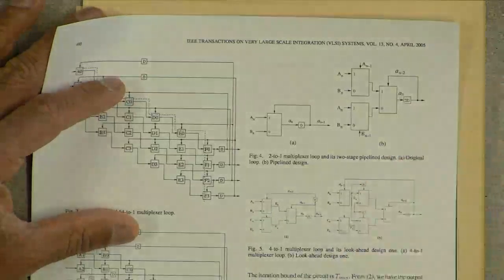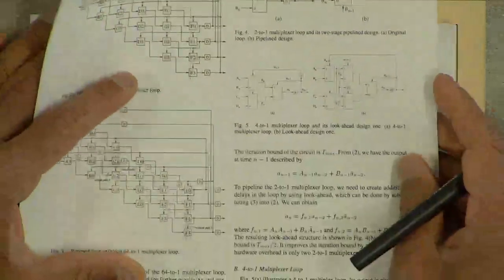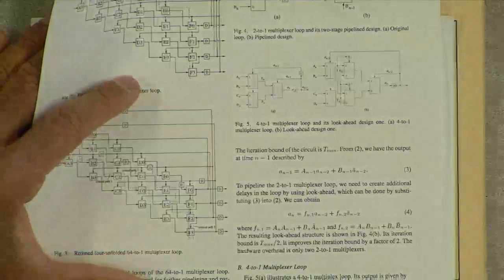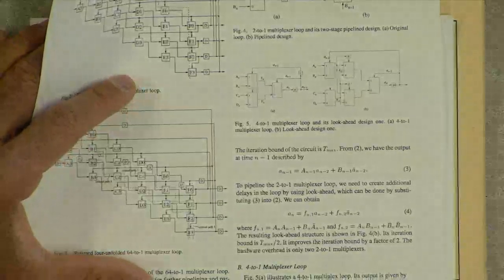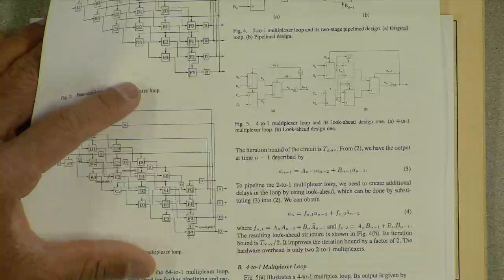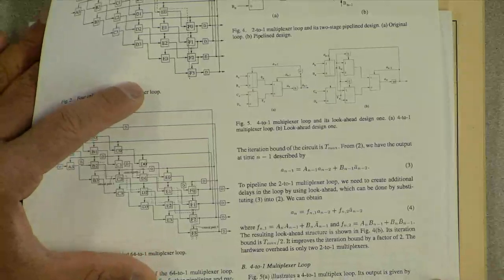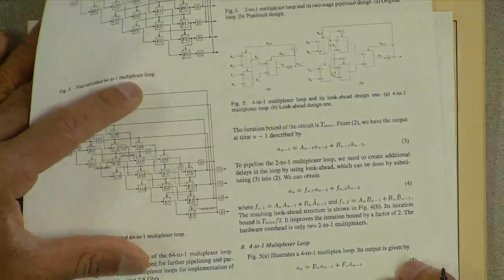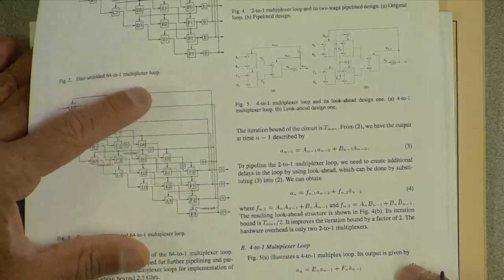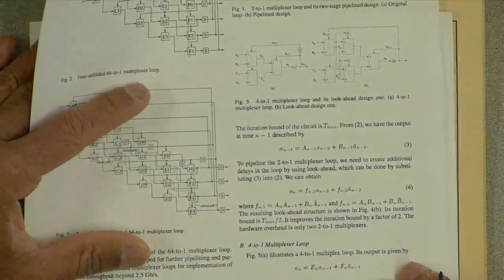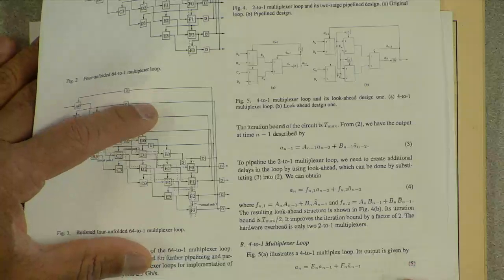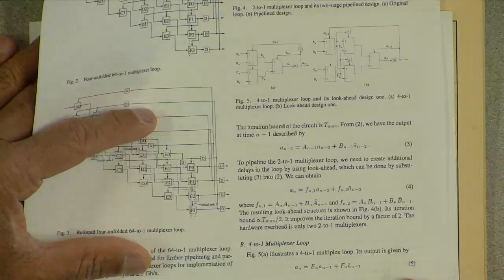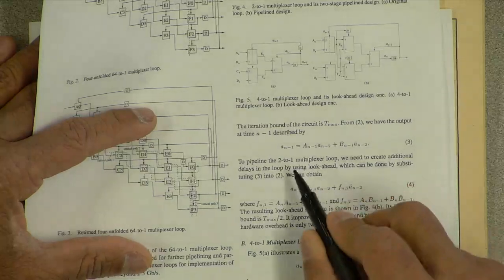I won't go through all the details, but in order to apply look ahead to these binary variables, and I can tell you now we are dealing with binary variables, so this is surely nonlinear because these are now binary state variables. If it is a 64 to 1 multiplexer loop, you can think of that there are 6 binary variables that we are trying to update. So there are some of these equations.